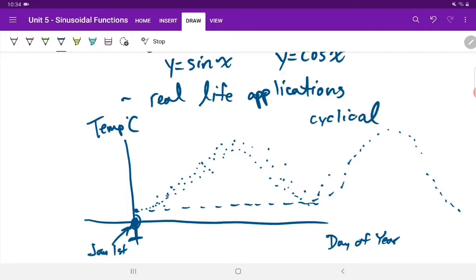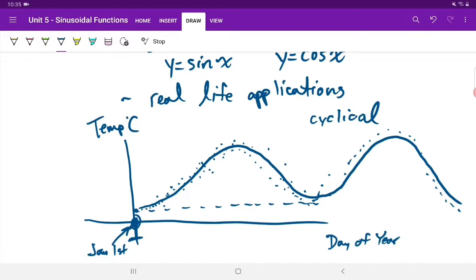And if you were to look at what the graph of y equals sine x or y equals cos x looks like, it would fit this periodic or cyclical data, okay? And so that's important. So based on our history, right, if we were to plot all the way back from when we started recording temperatures, let's just call it in the early 1900s, okay?